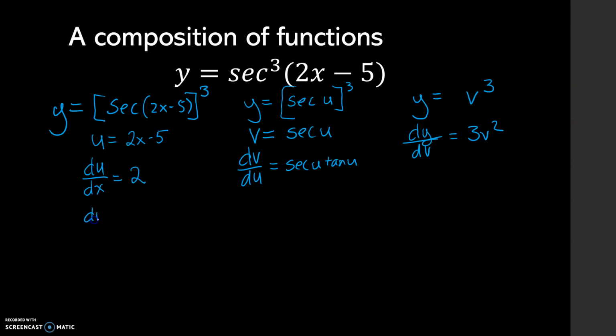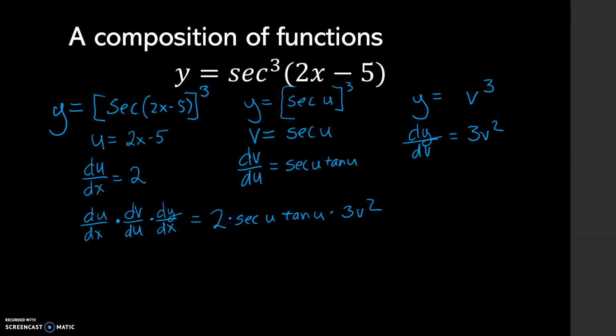So dy/dx, that's 2, times, oh, that's not dx, du/dx, which is 2, times dv over du, which is secant u tangent u, times dy over dv, which is 3v squared.